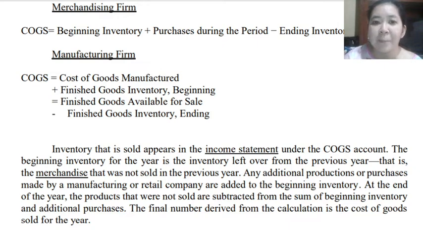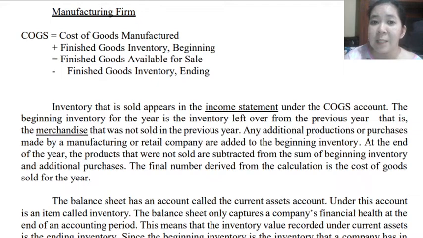So here, you all know that when we say beginning inventory, this is the ending inventory last year that was forwarded to the current year. That is our merchandise that was not yet sold in the previous year. It will be forwarded this year, plus what we have produced. Those are the total items available for sale.